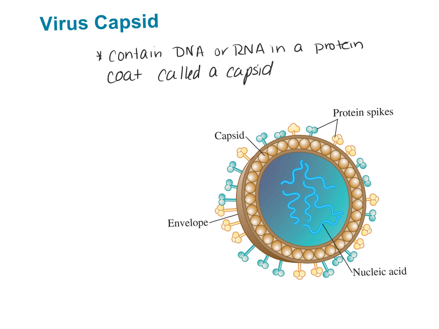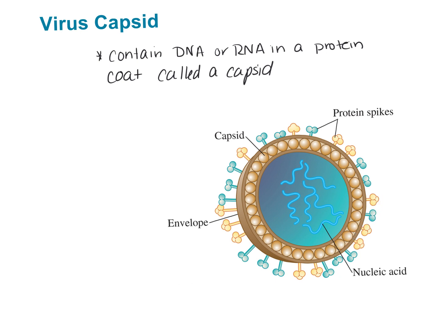Now, many viruses also have a protective envelope, this outer area that surrounds the capsid. And the function of the viruses is really to monopolize the functions of the host cell. You're also going to notice there's some protein spikes here.